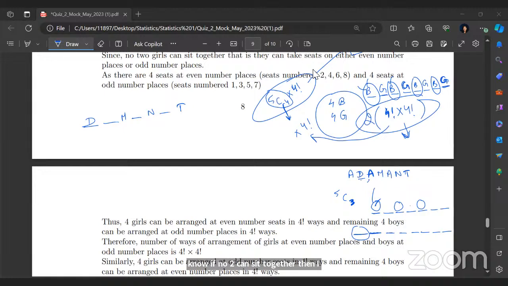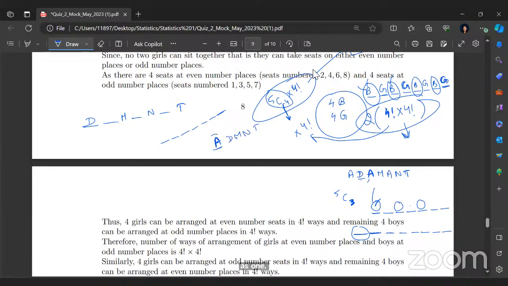Here you have 7 places, and you have only 3 A's and 4 others, D, M, and T. So you have basically a total of 5 we are saying, right? We are considering all the A's as one, and you have D, M, and T. Now you want to arrange this.